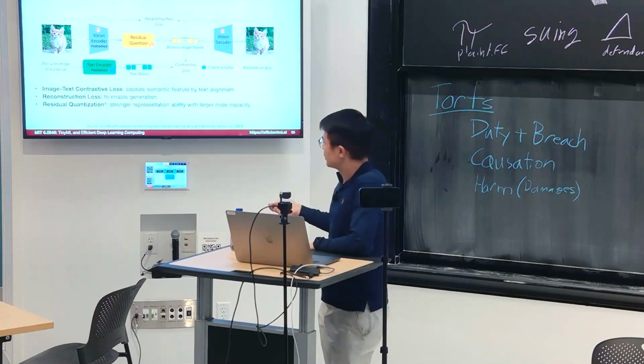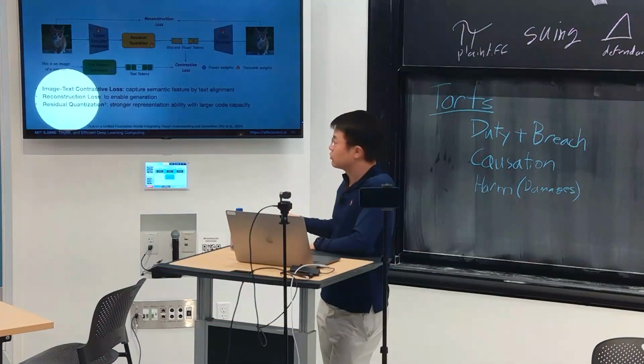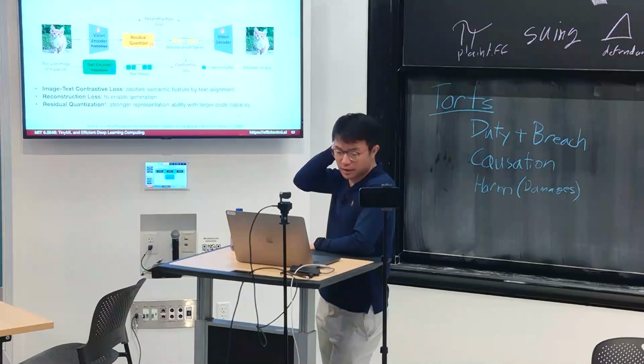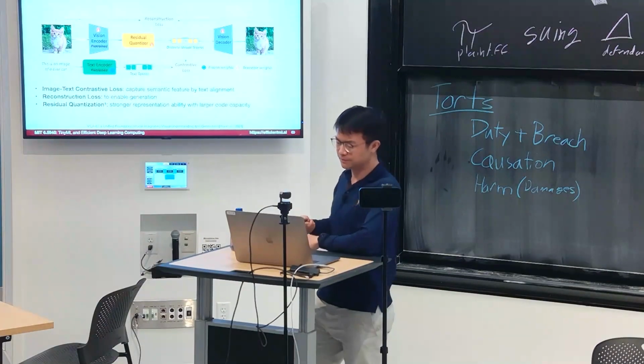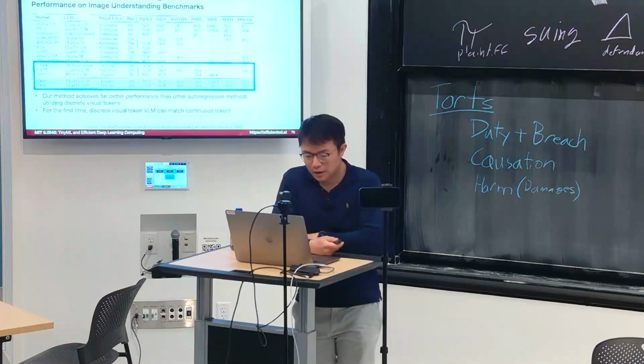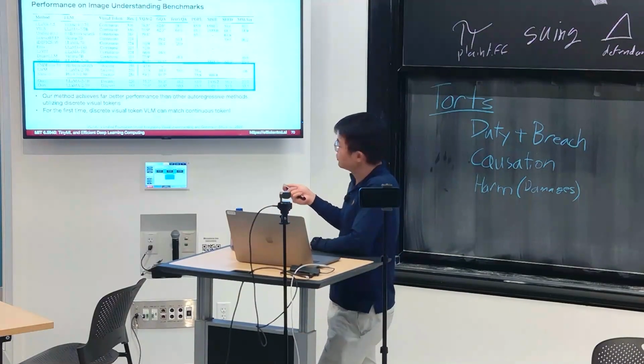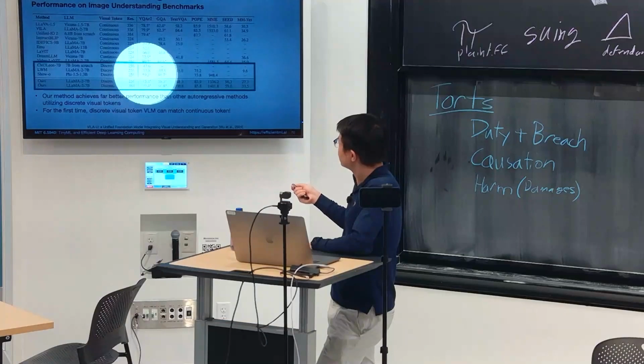And here we use residual quantization to quantize not only one codebook, but several codebooks, to encode not only the absolute value, but also the diff, and the diff of the diff, and the diff of the diff of the diff. Actually, this approach can have double-digit improvement.